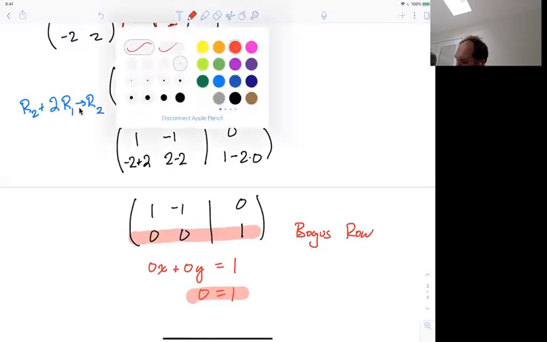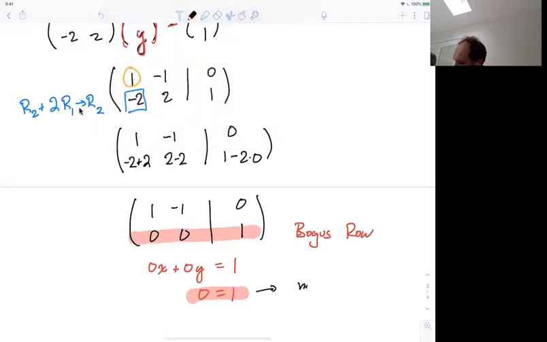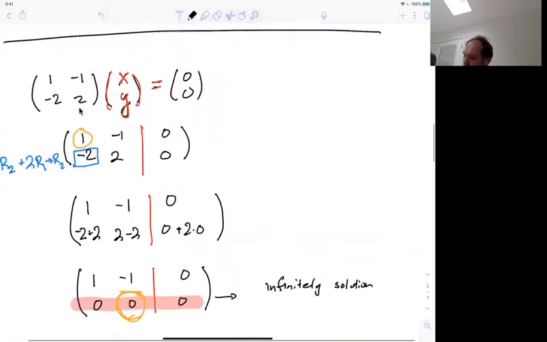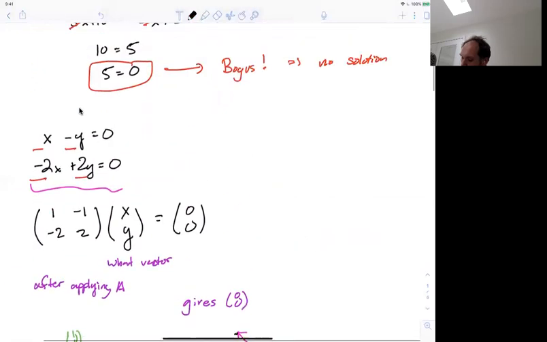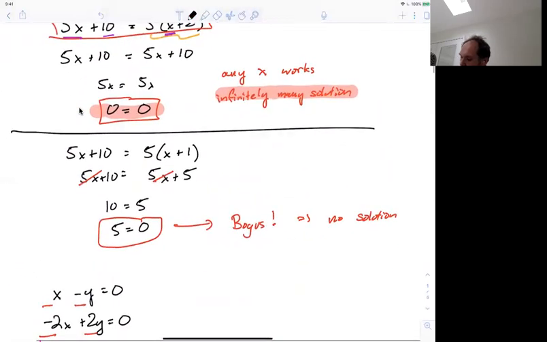And if you have this, it means you're going to have no solutions, in much the same way that in our original example, when we had 5 equals 0, that was bogus and we ended up with no solutions. So whenever you end up with one of these rows at the bottom, it'll tell you how many solutions there are.